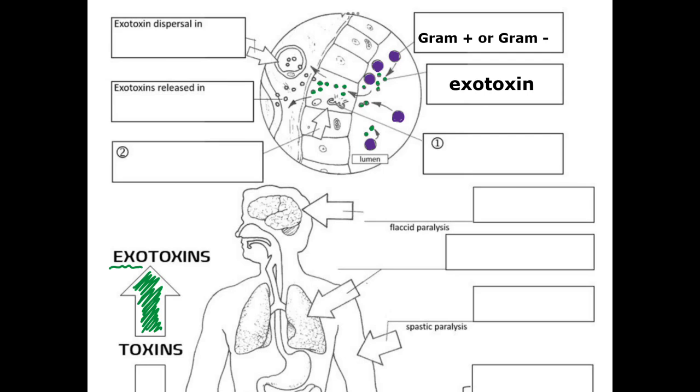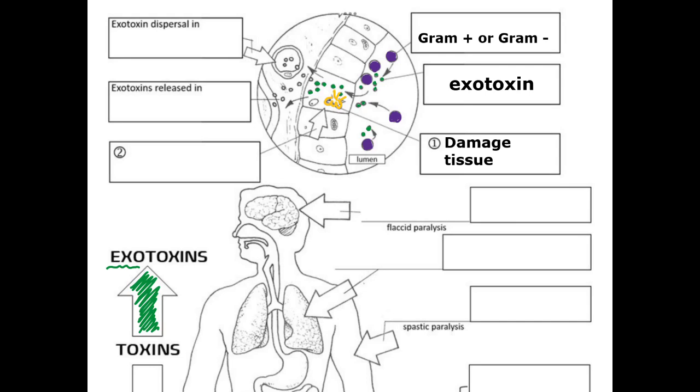But exotoxins are going to act in two ways. Some of them directly damage tissues, so they're directly causing death to that cell, like a cytotoxin. That's what they're trying to show you in that picture.